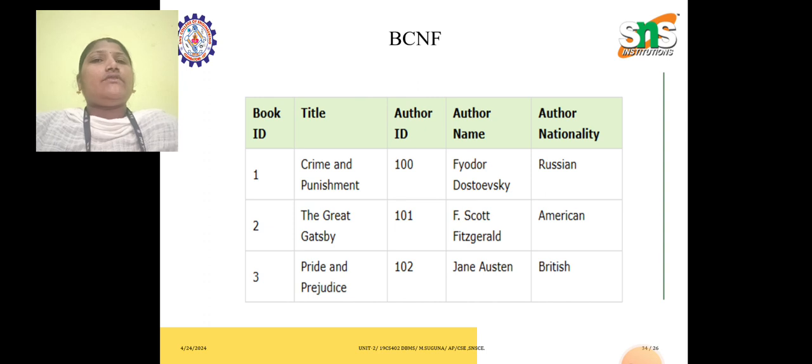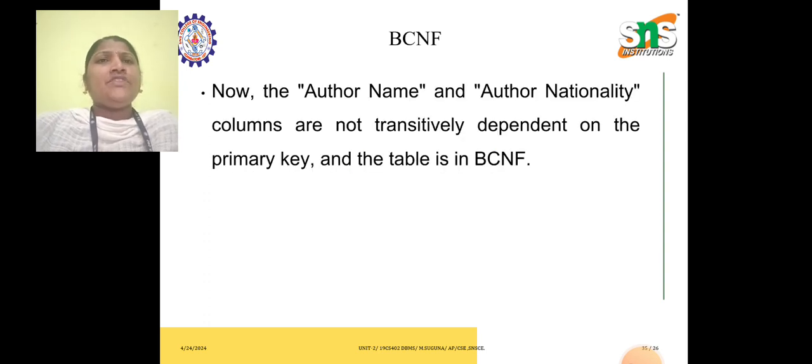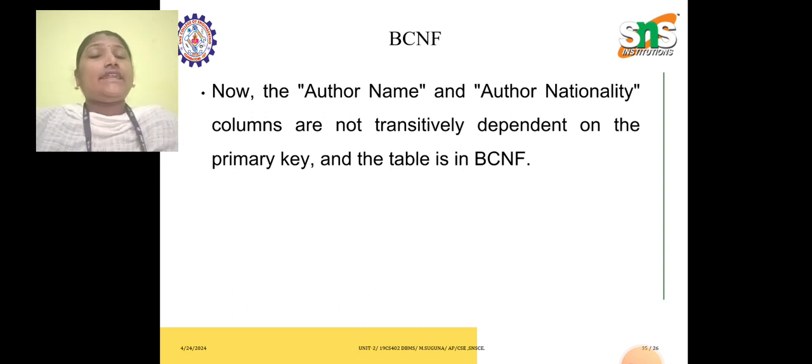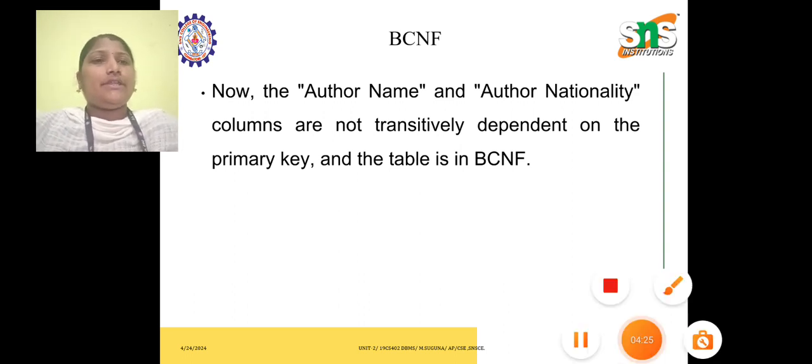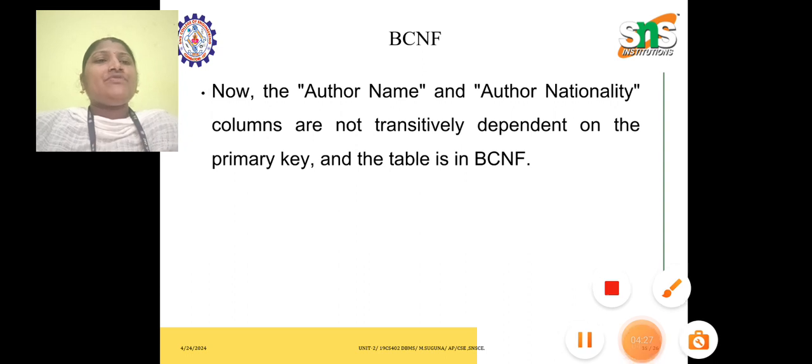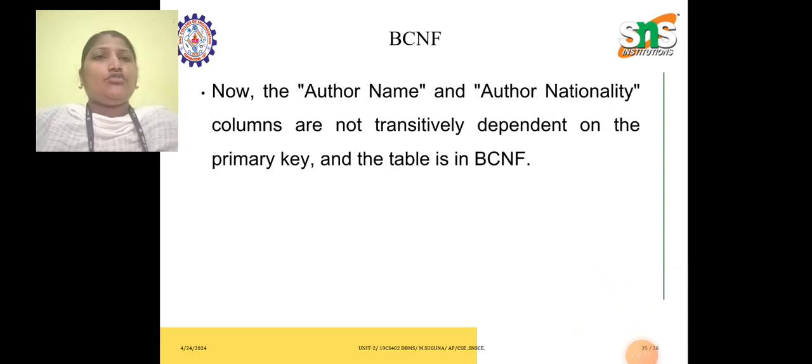So in that case there is no occurrence of transitive dependency. When you divide like that, the author name and author nationality columns are not transitively dependent on the primary key. They are directly fully functionally dependent on the primary key and hence we can say that the table is in Boyce-Codd normal form.